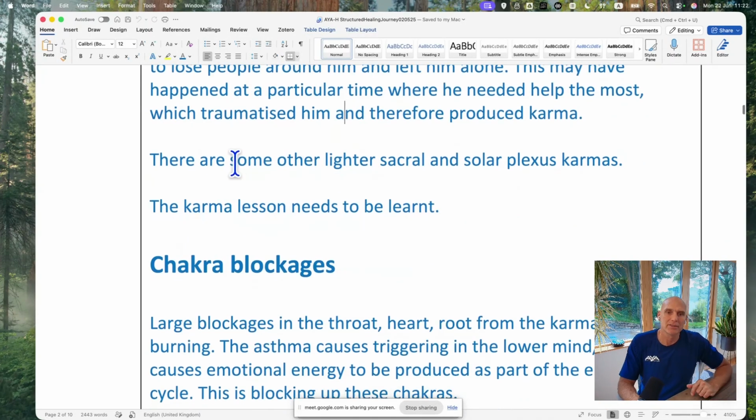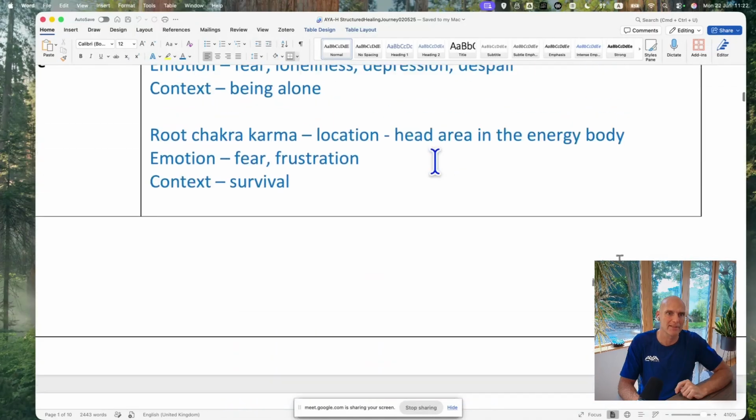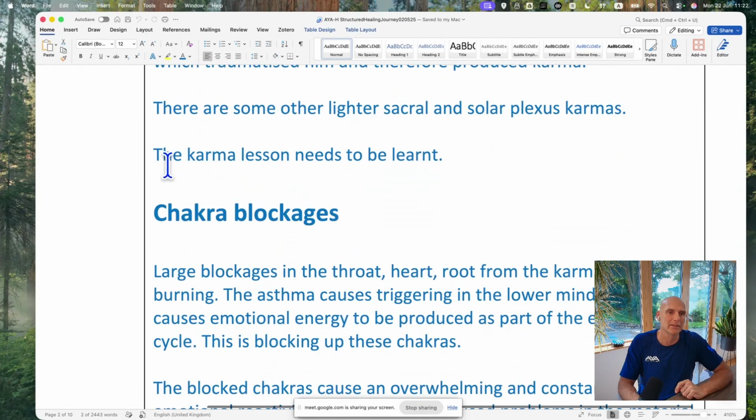Now, there are some other lighter sacral and solar plexus karmas, just to put that in there, but maybe for later. They're lighter. The main ones are these three important ones: throat chakra, heart chakra, and root chakra karmas. And put in there that the karma lessons need to be learned, because all that anxiety and depression that he's feeling is actually creating more karma.